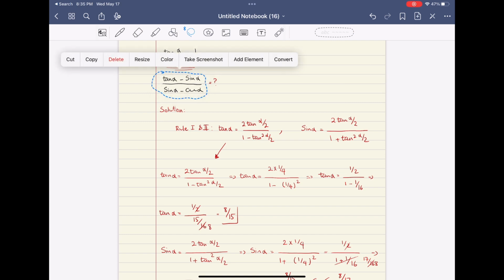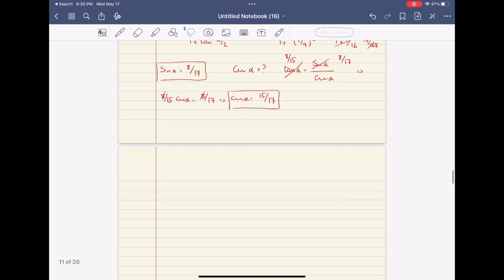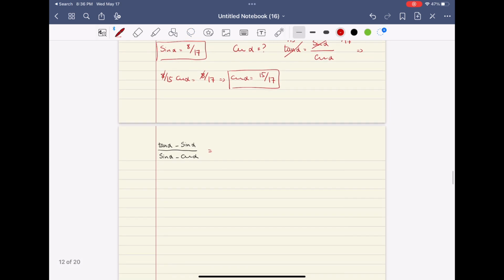I'm going to copy the question once again and paste it here. So tan α was equal to 8/15, so we have 8/15 minus 8/17 over 8/17 minus 15/17.